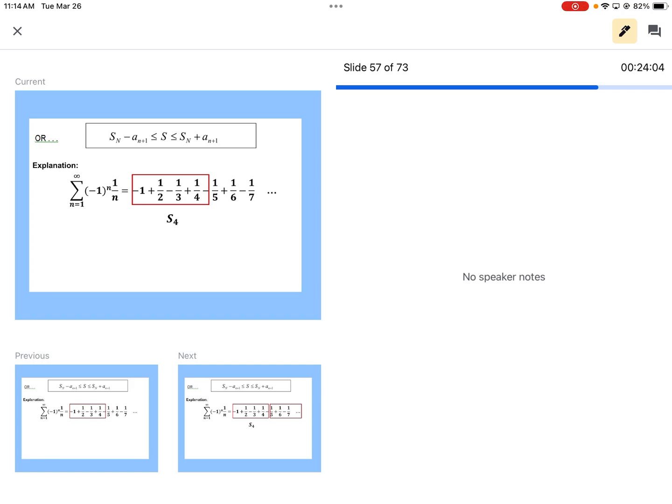What is the next omitted term right after that box? 1/5. And we don't even need to worry about the negative. It is just the 1/5. So the true sum of this series is only going to be off from that estimate by less than 1/5 on either side.